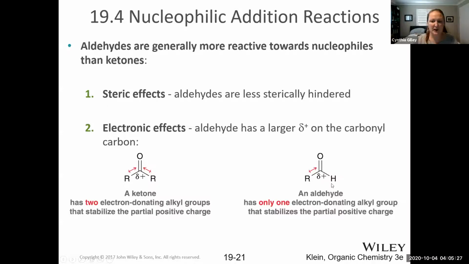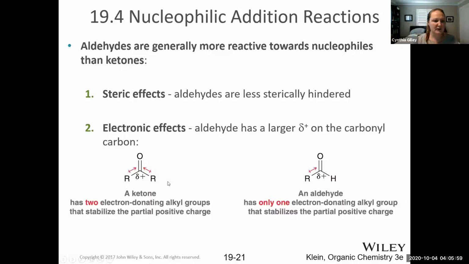Hydrogens are simply smaller than alkyl groups. And any sort of alkyl group here is going to have multiple atoms attached. Even if it's a methyl, it would still have 3 hydrogens attached, which can sterically prevent a nucleophile from coming in and attacking this carbonyl carbon. So sterically, the carbonyl carbon of an aldehyde is more accessible than the carbonyl carbon of a ketone.